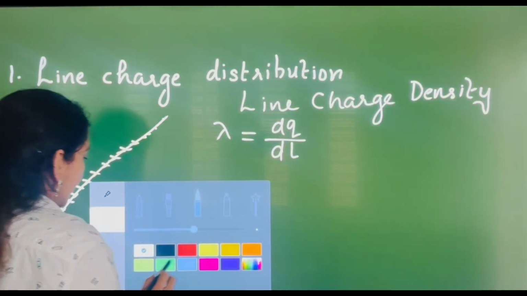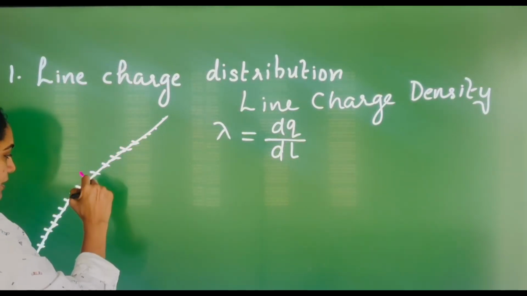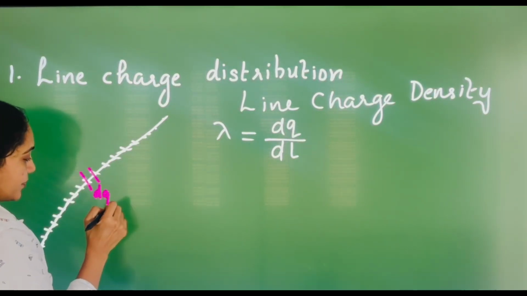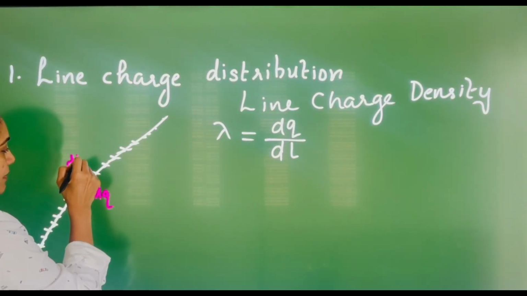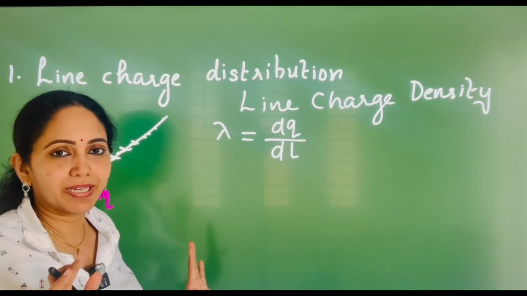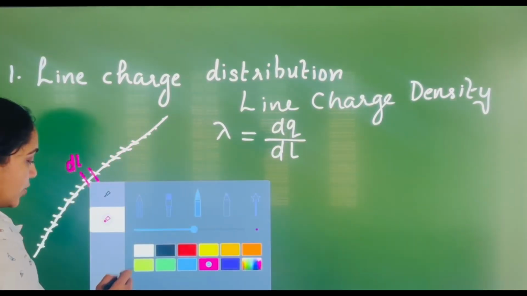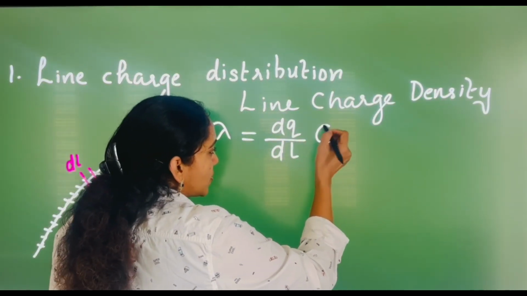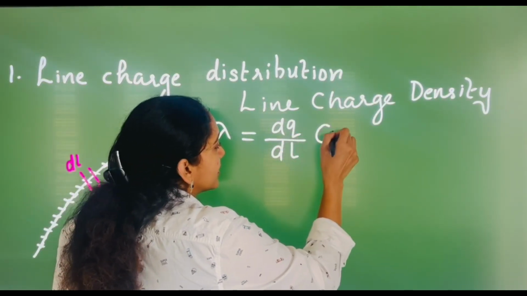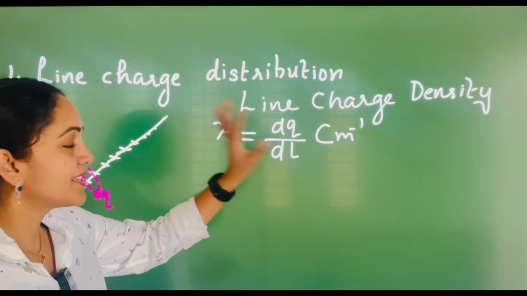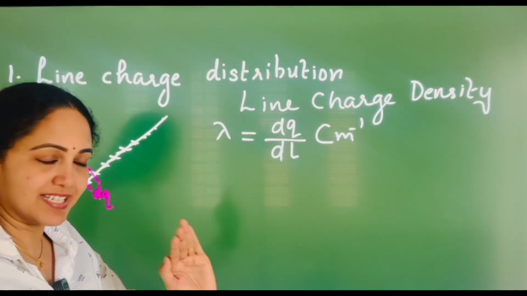That is, if I consider a very small length element having a charge dq, this length element can be represented by dl. Then lambda can be written as dq divided by dl, and the unit of line charge density is, numerator charge, so coulomb, denominator length, so coulomb meter raised to -1. Okay, this is line charge density.